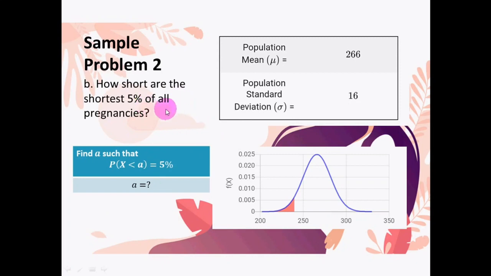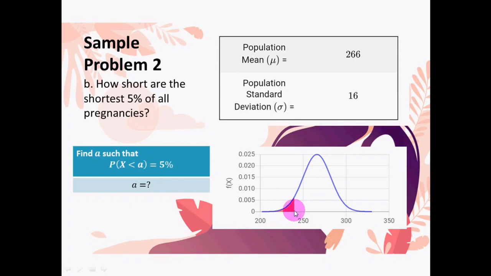So how short are the shortest 5% of all pregnancies? So we are asked about the value of A such that the probability that X is less than A is 5%. Or in other words, we are looking for the value of A such that the area to the left of A is 0.05.